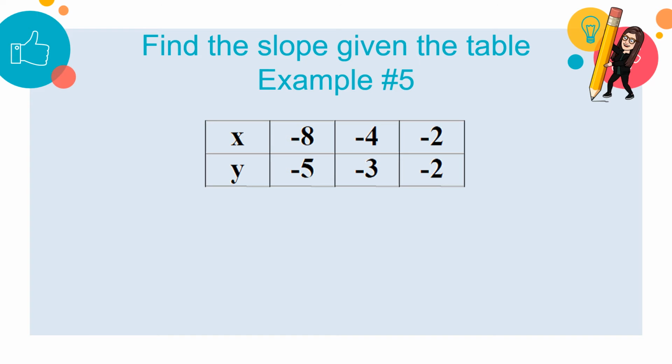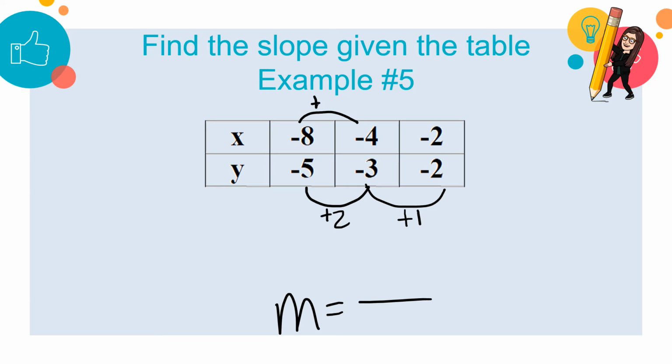Let's try this one. This looks interesting. All right, m equals change in y. I added 2. I added 1. That's weird. Let's look at the other side, though. My change in x, I added 4, and then I added 2. So what you need to do is pick a pair. Let's say I pick the green pair.